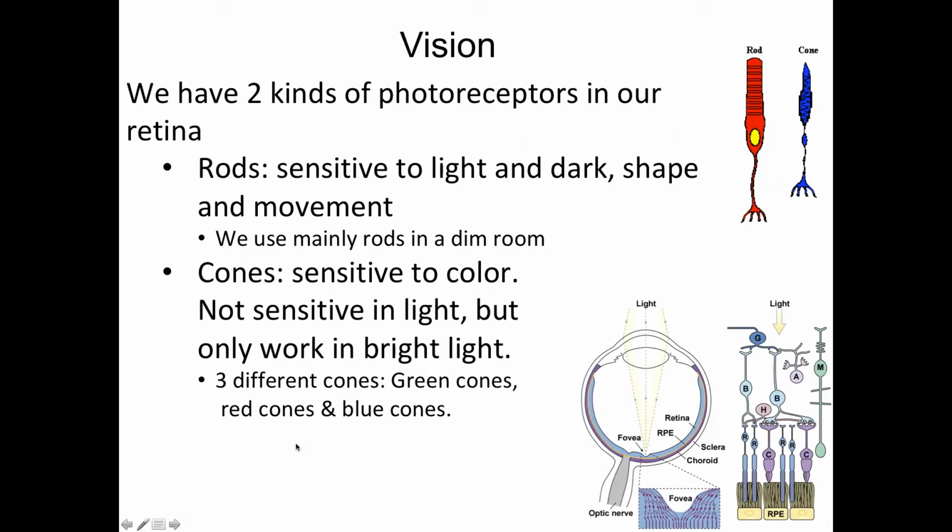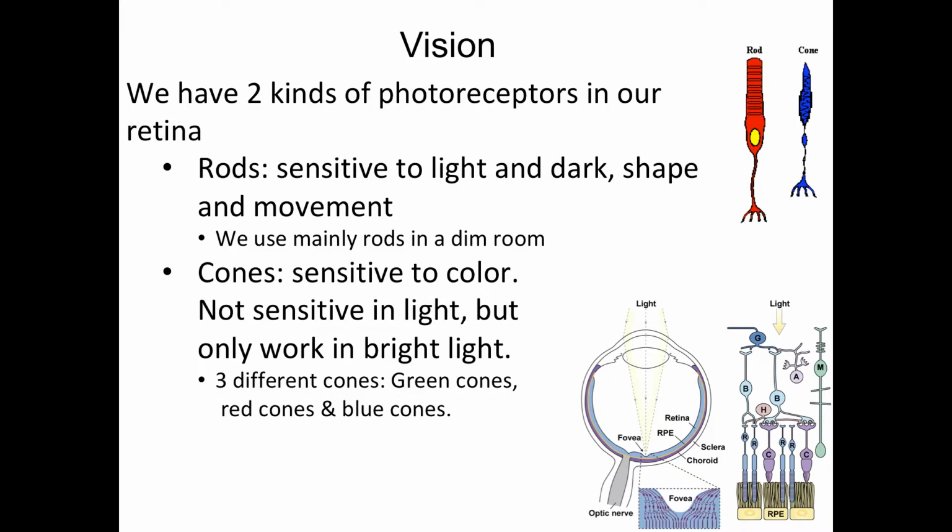So the human eye has two types of photoreceptors, and these photoreceptors are the sensory receptors of the eye. We have both rods and cones. Here on the right, you can see the rods, which are rod-shaped, and the cones, which are cone-shaped. That's why they're called that. Rods are the photoreceptors that are very sensitive to light, and we use rods mainly for night vision.